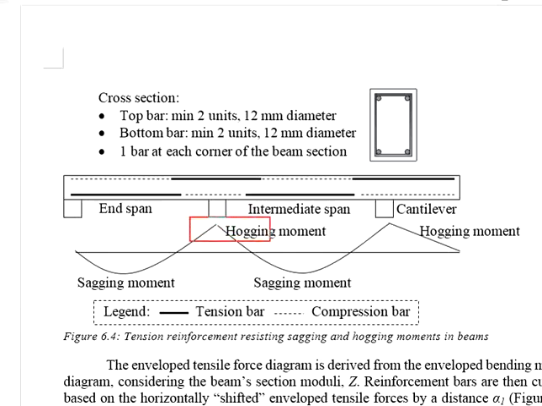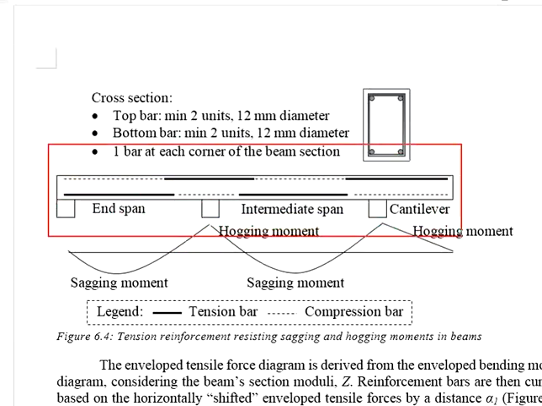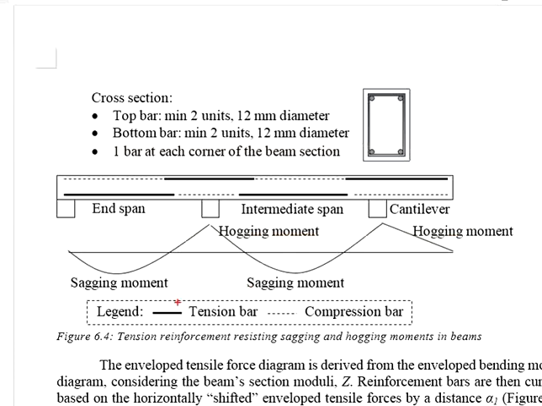As for the hogging moment, it is the highest at the internal support. Further away from the internal support, the hogging moment reduces. That means the amount of reinforcement bar required further away from the internal support reduces as well. One way to place your reinforcement is by providing resistance to the maximum moment and then maintain the same amount throughout the span.